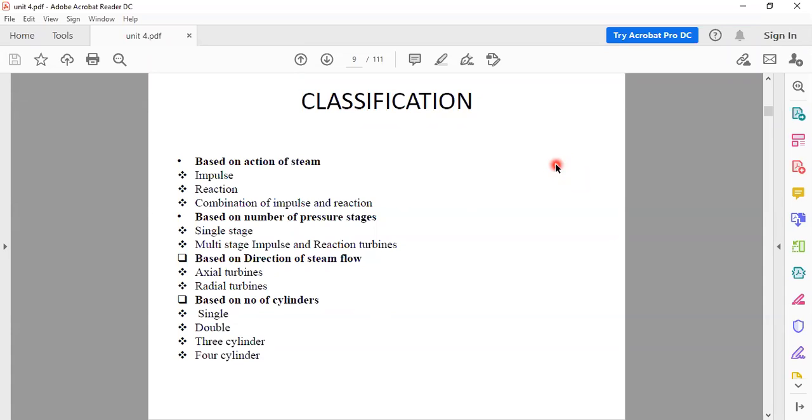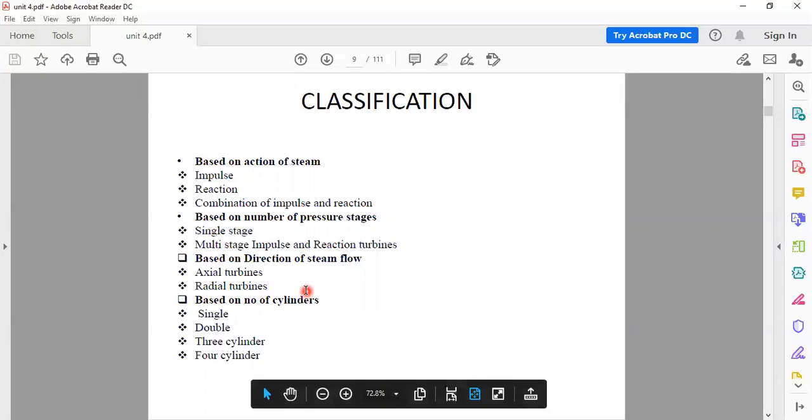Based on number of cylinders: single cylinder, double cylinder, three cylinder and four cylinder, like that.